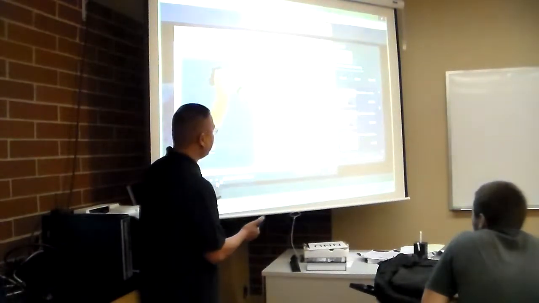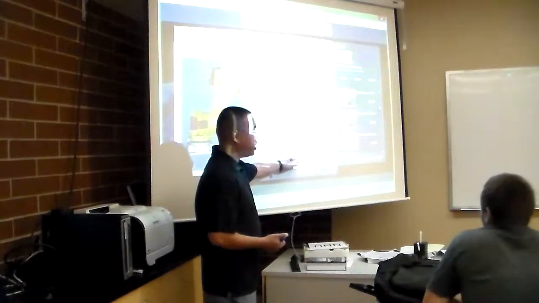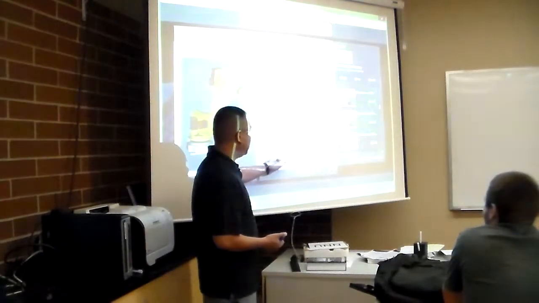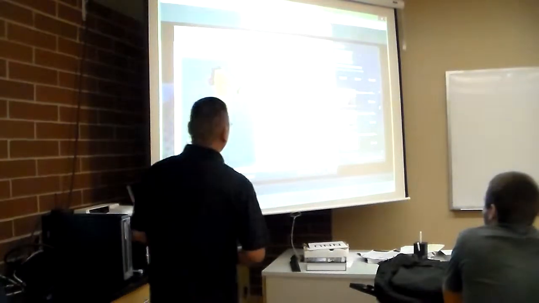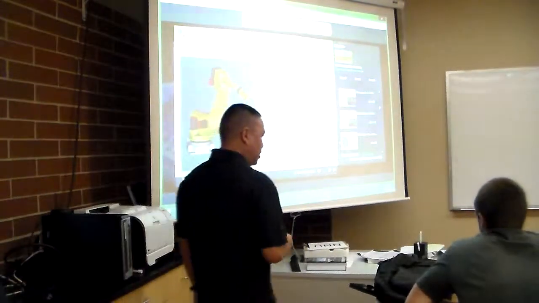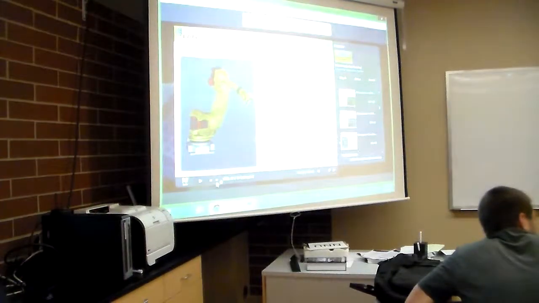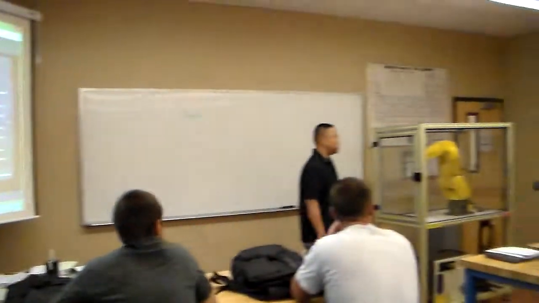And you could also change it if you want to see the position based on user frame and joint frame. So let us try to demonstrate what is the current position. X is 552, Y is 828, Z is 96. How about the yaw, pitch, and roll?